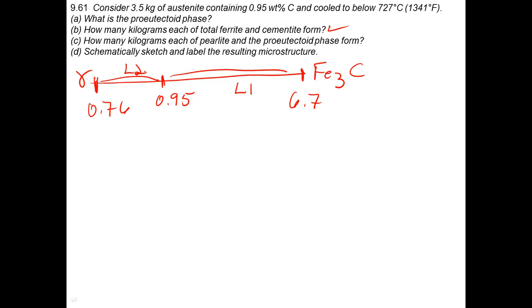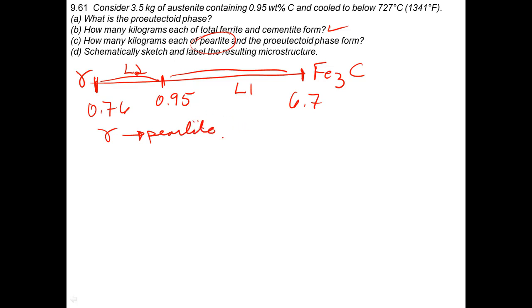So what I've shown here is that tie line just above the eutectoid temperature, bounded on the left by austenite, bounded on the right by cementite, and the distances L1 and L2. Now we're trying to calculate the amount of perlite initially, and we can do that by recognizing that all of the austenite will transform to perlite.